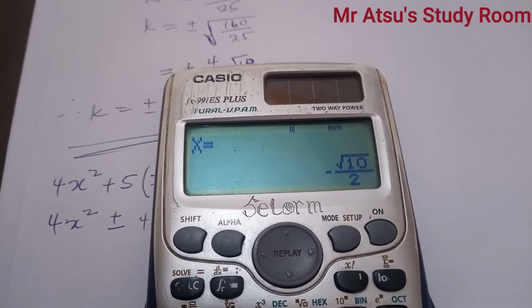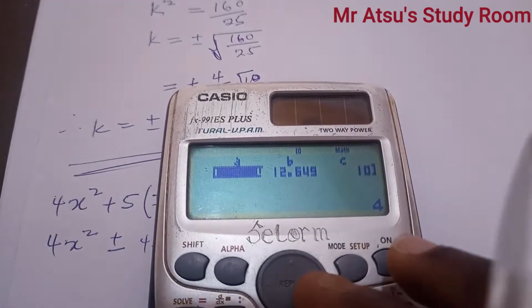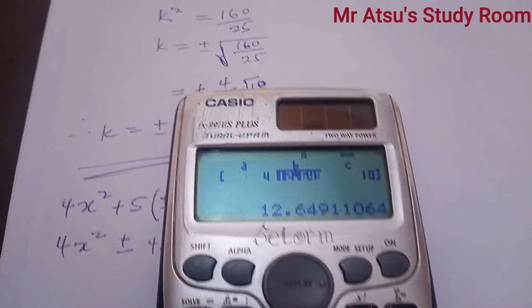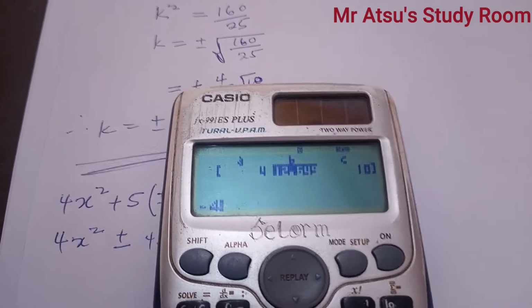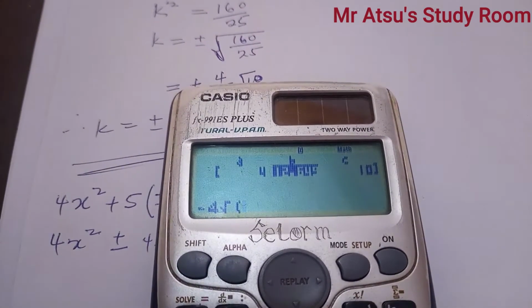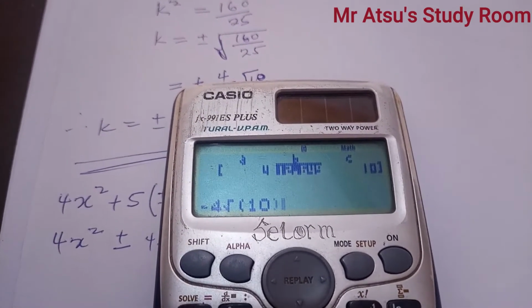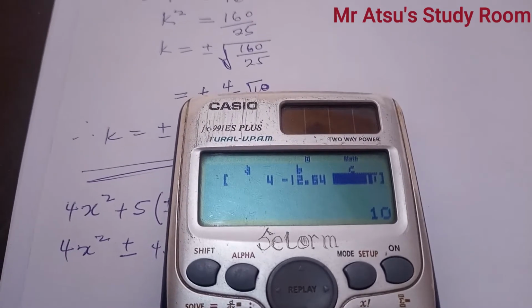Then let's take the negative one. The same thing, so we are only changing the b. The b is negative 4 root 10. The c is still 10.